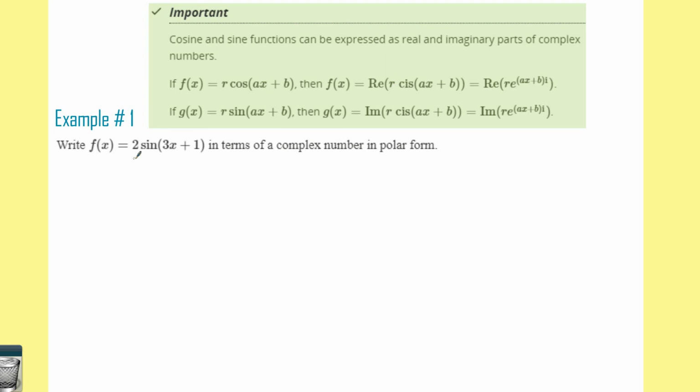So here, since it is sine, we know it's got to be the imaginary part of our cis function, where r is 2 here, and then cis of 3x plus 1. That's it. There's no work to be shown here, but this is the idea behind it. It's the imaginary part of your polar expression.